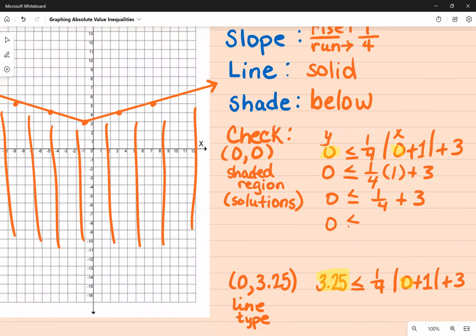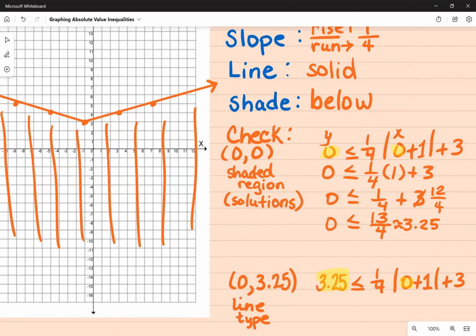Remember, I have to have a common denominator. So this is going to be 4 at the bottom, and then I have to multiply 4 times that 3, which is going to be 12. And so now I have 13 over 4. If I were to simplify 13 over 4 as a decimal, that's going to be 3.25.